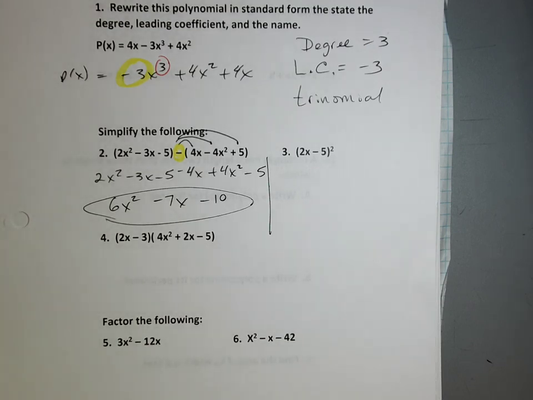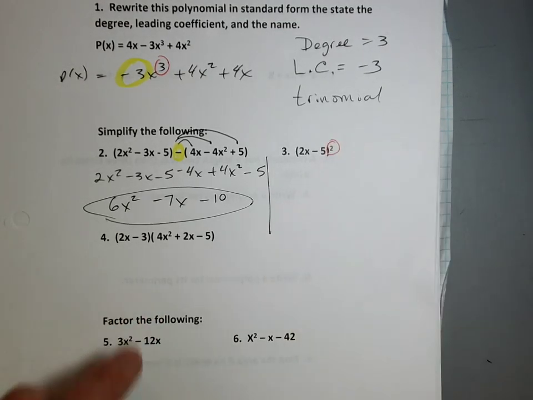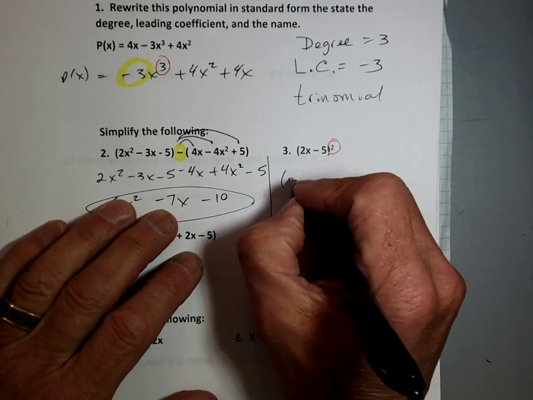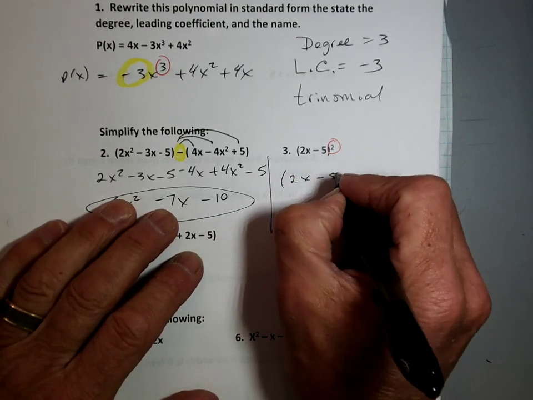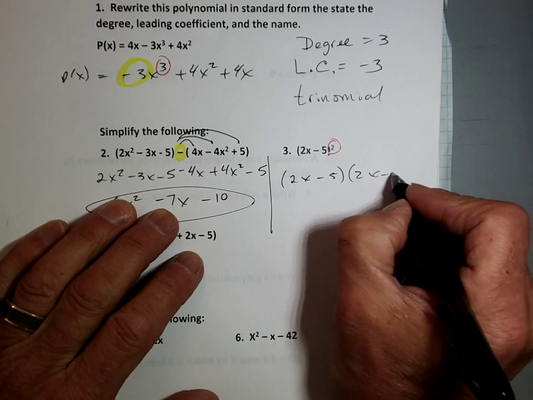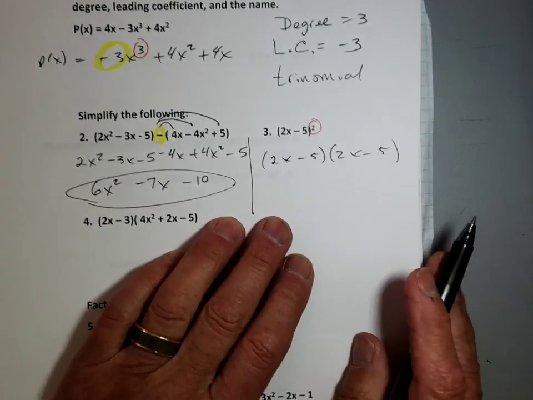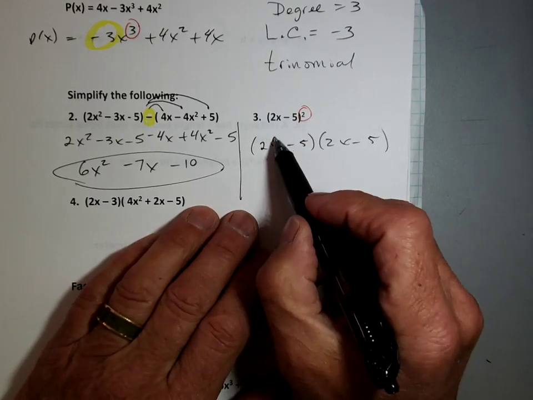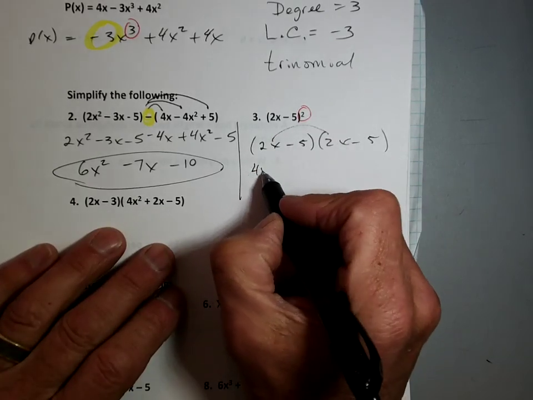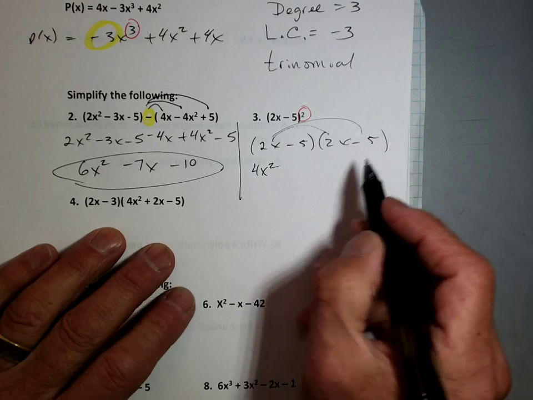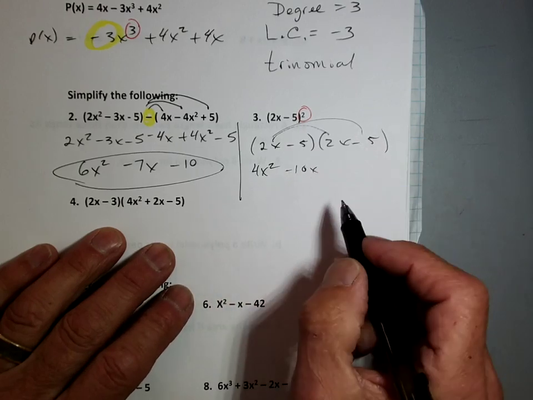Okay, number 3. I'm going to write it twice because of the quantity squared. So I'm going to rewrite it as a 2x minus 5 times another 2x minus 5. And I'm just going to multiply. So I'm going to go 2x times 2x, 4x squared. 2x times negative 5 is negative 10x.